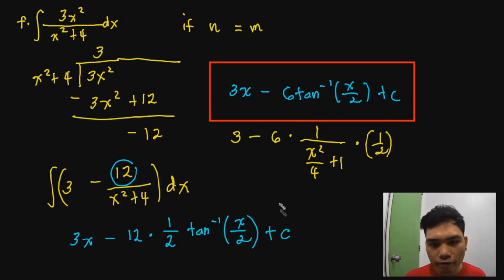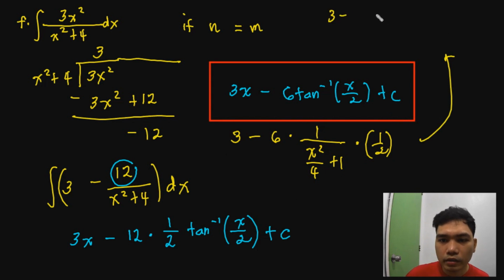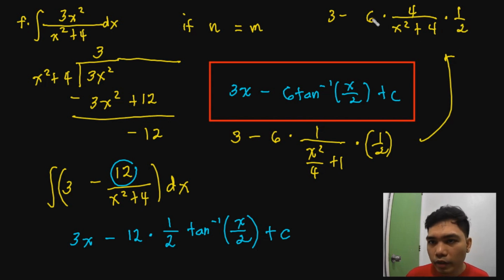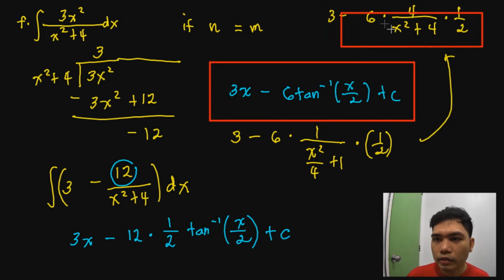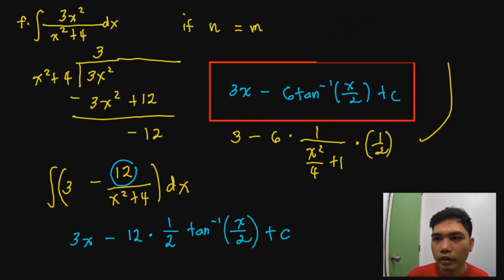Then we simplify by proceeding with all the necessary operations. So that is 3 minus 6 times 4 all over x squared plus 4, and then times 1/2. You can simplify this into positive 3 times 4, so that makes it positive 12. What we have here is 3 minus 12 over x squared plus 4.